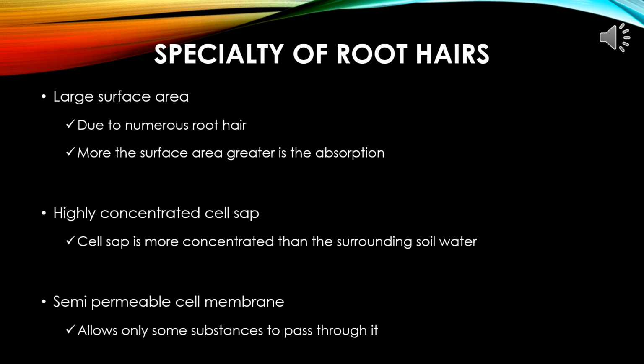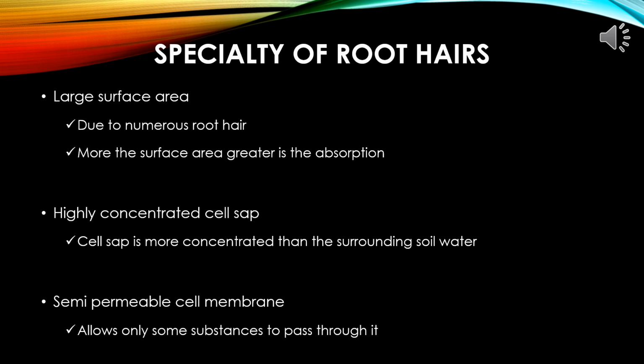The second characteristic is highly concentrated cell sap. That means, as I told you, the cell sap of the root hair is highly concentrated. That means it contains very little water and a large number of dissolved materials. The cell sap is more concentrated than the water present in the soil.